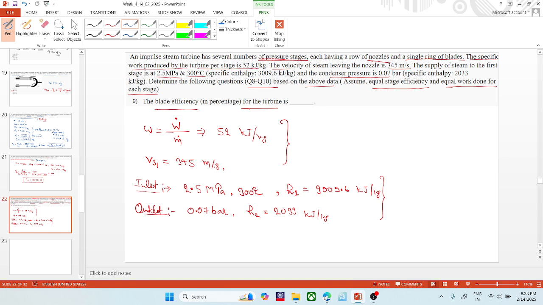Okay, so like this, we are having H1 and H2. So based on that, we can calculate the enthalpy drop. Enthalpy drop delta H would be H1 minus H2, and it would be 3009.6 minus 2033.